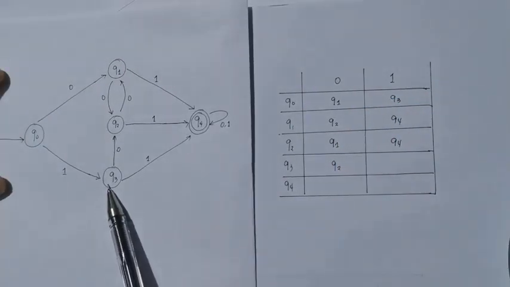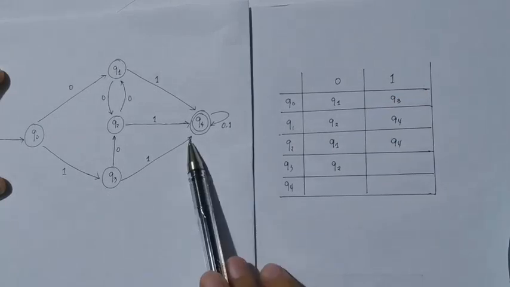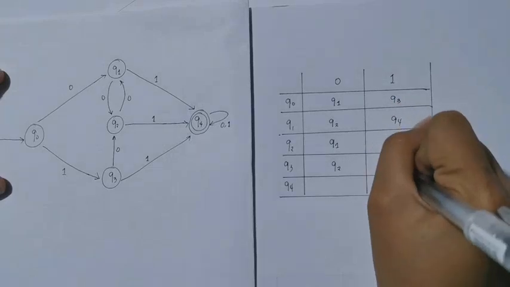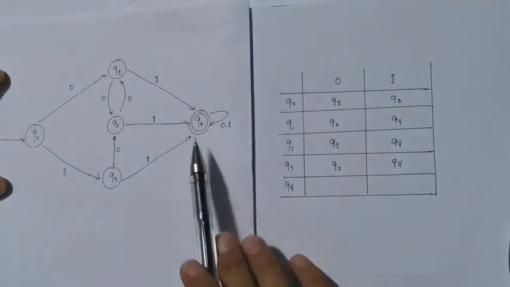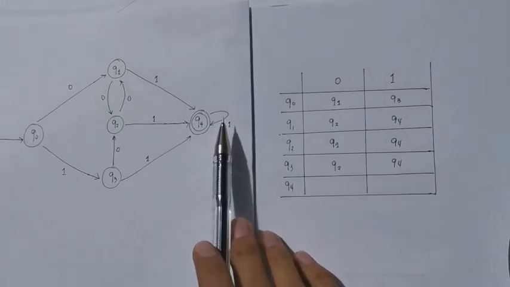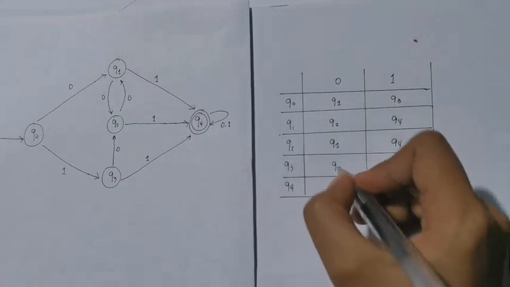From Q sub 3 or station 4, bus number 1 went to the city or the last station, or Q sub 4. Here in Q sub 4, bus number 0 and bus number 1 went back to the last station, or Q sub 4.